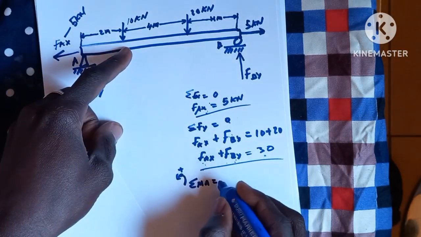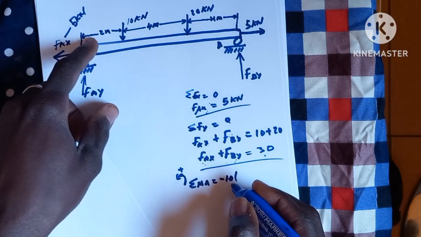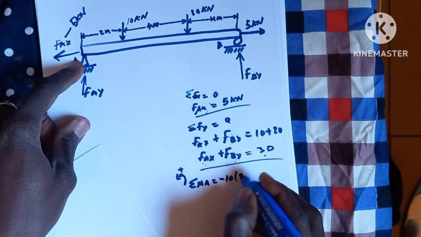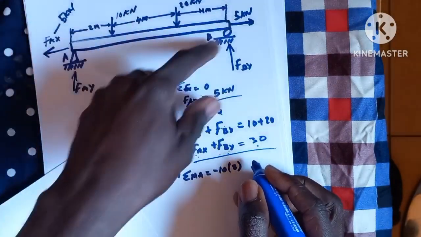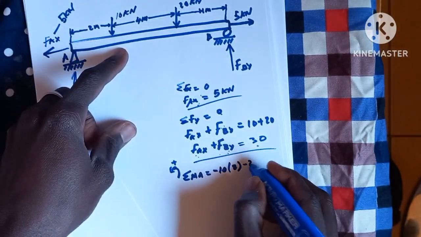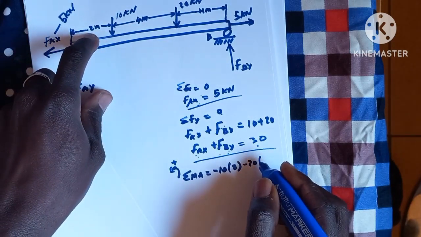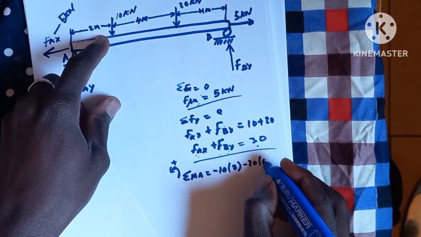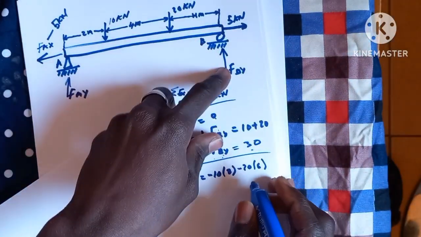So it's going to be negative 10 times 2 meters away from this E, right? We also have this one also going in a clockwise direction, which is going to be negative 20 times, we have 4 here plus 2, which is 6 here, right? And we also have another force there.